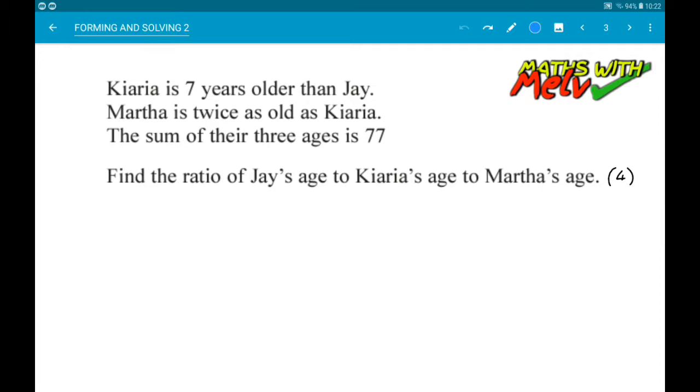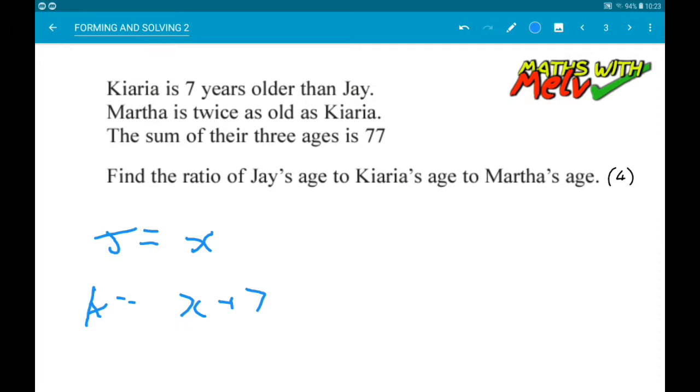So if we said that Jay is x years old, then because Kira is 7 years older, we can say that Kira is x add 7 years old.